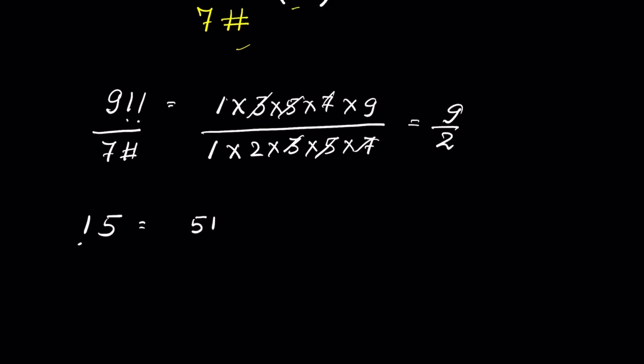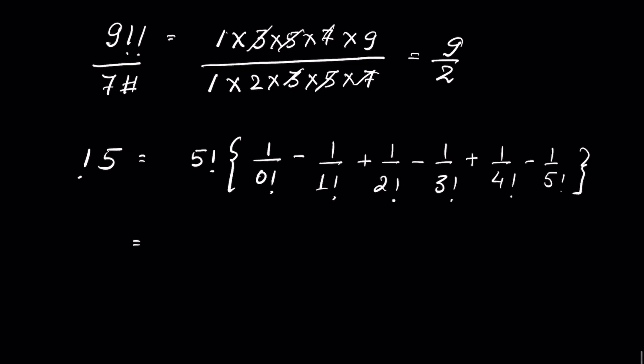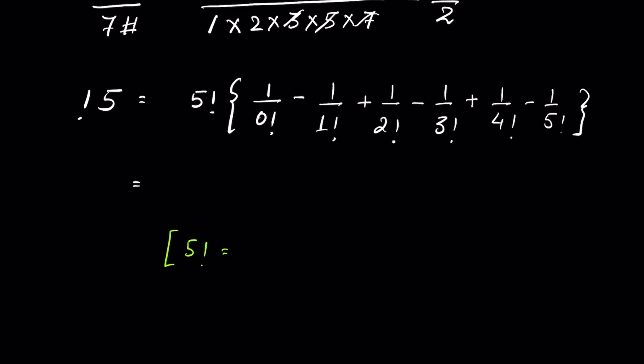So 5 factorial times 1 upon 0 factorial minus 1 upon 1 factorial plus 1 upon 2 factorial minus 1 upon 3 factorial plus 1 upon 4 factorial minus 1 upon 5 factorial, where 5 factorial equals 1 times 2 times 3 times 4 times 5 equals 120. We can write it now or use it later on.